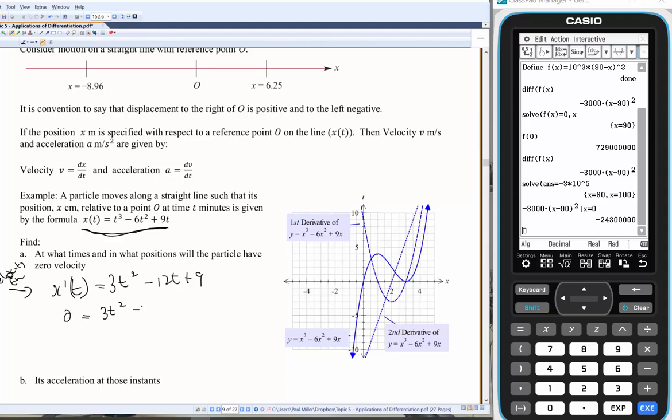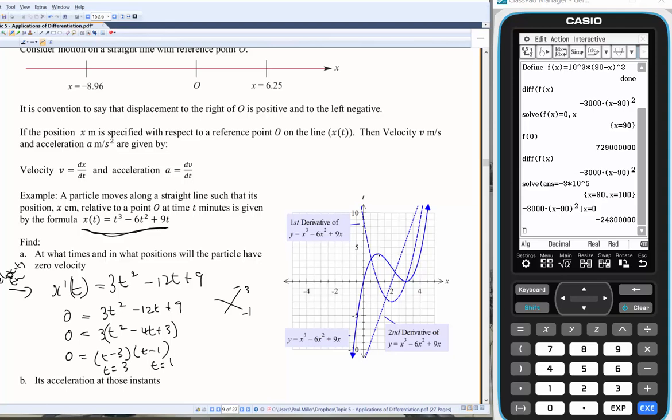So 0 equals 3t squared, take 12t plus 9. 0 equals 3t squared, take 4t plus 3. I'm going to divide by 3 on both sides and get rid of it straight away. (t take 3)(t take 1). t is equal to 3, t is equal to 1.